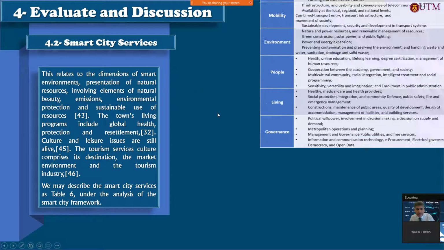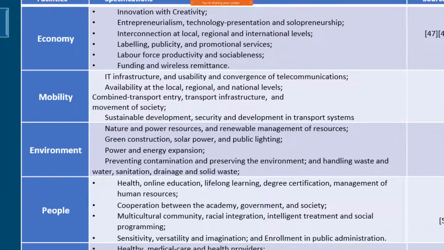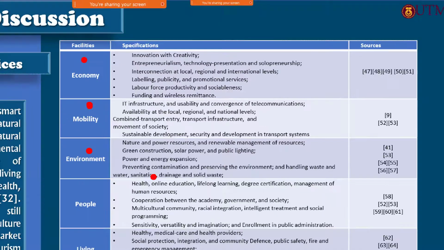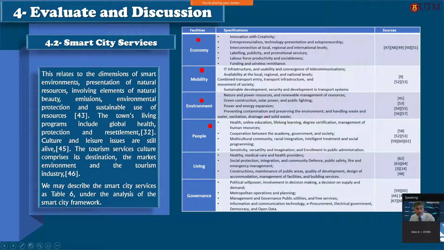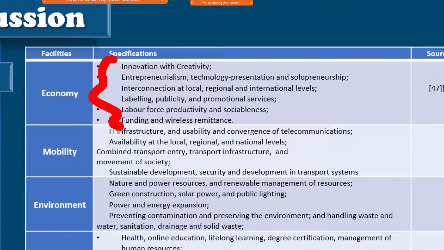You see there is a table. The smart city services are economy, mobility, environment, people, and governance. These are all the services of a smart city. For economy, we have this part, and for mobility and environment, etc.